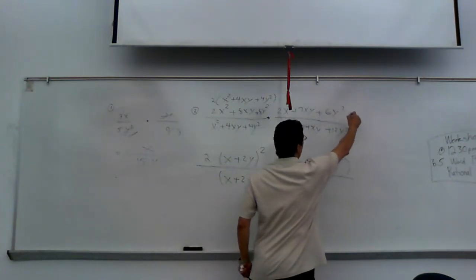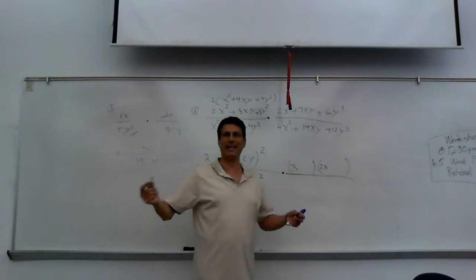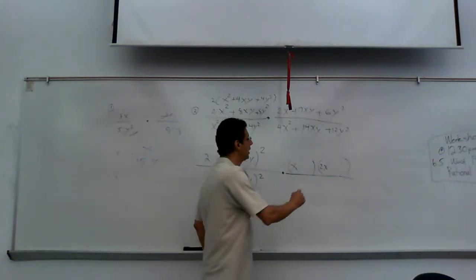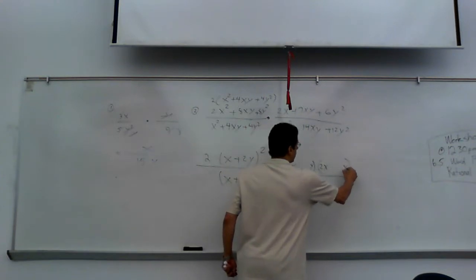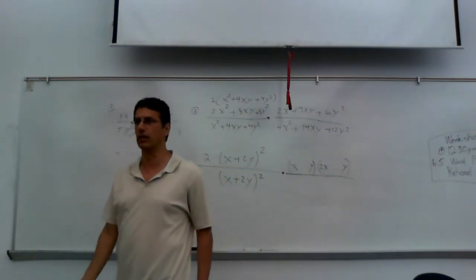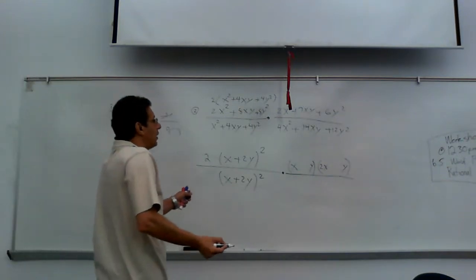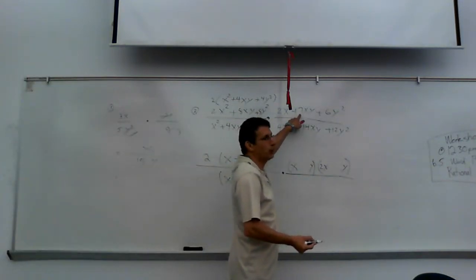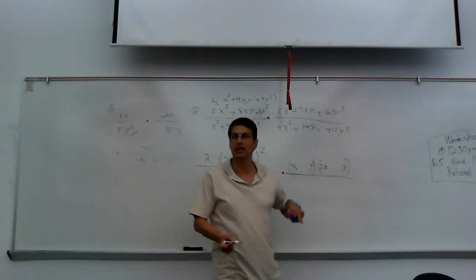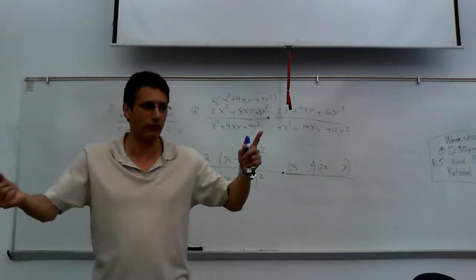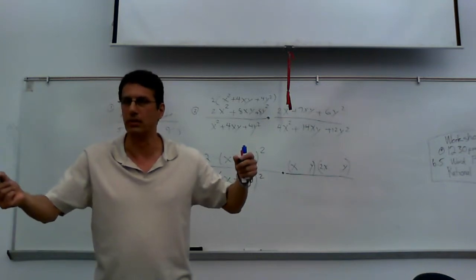Secondly, this is y squared, so in order to make your life easier and just pay attention to the number 6, just write y, because y times y is y squared, isn't it? So all I'm worried about at this point is b, which is 7, and c, which is 6. Do you see that? So I don't have to worry about y squared. I took care of the business.